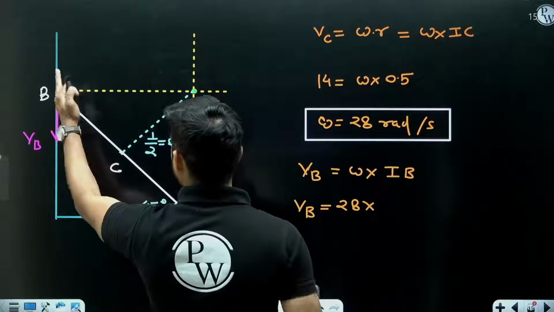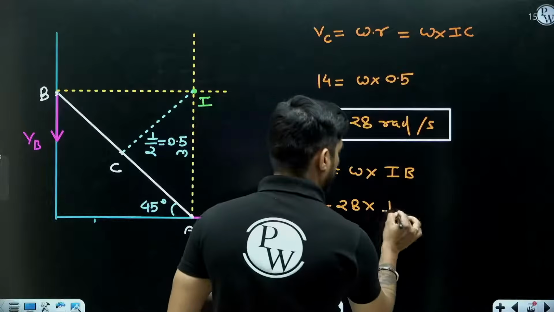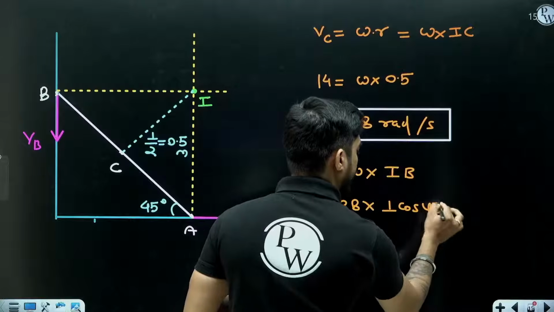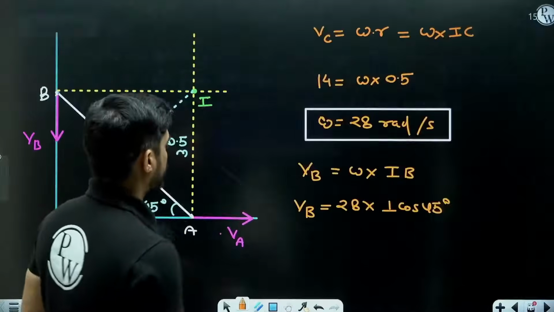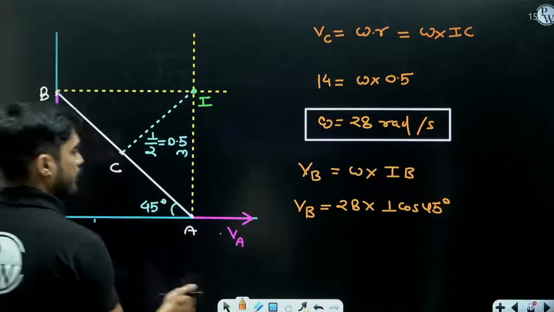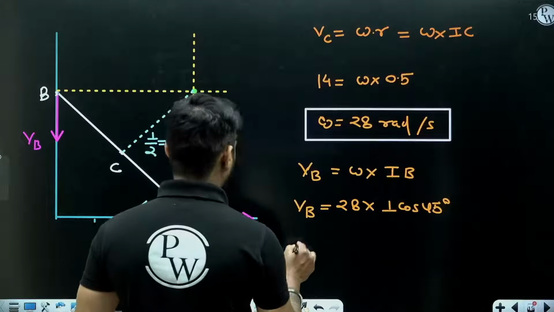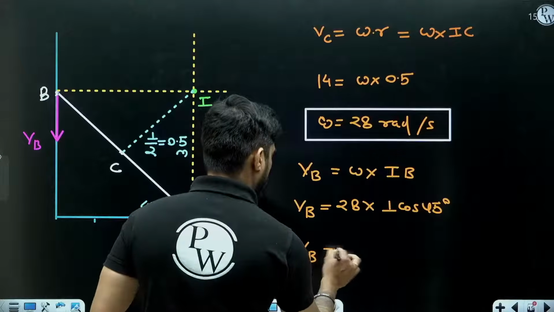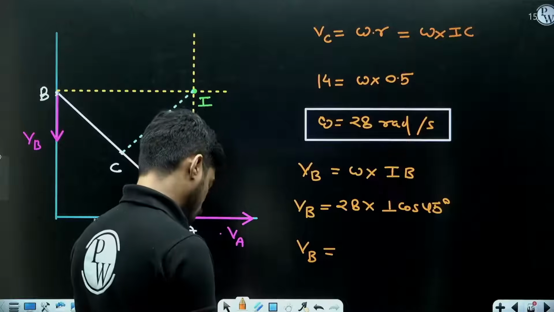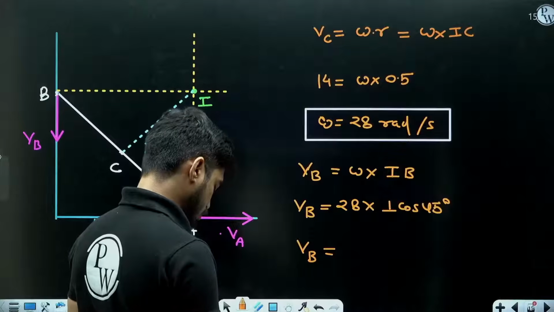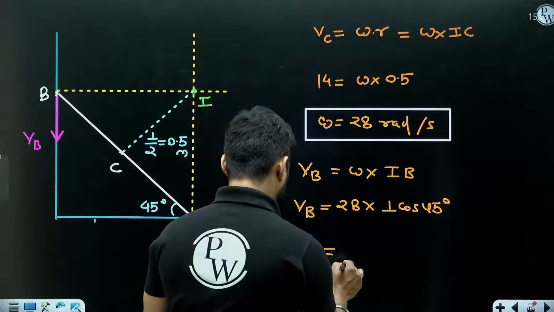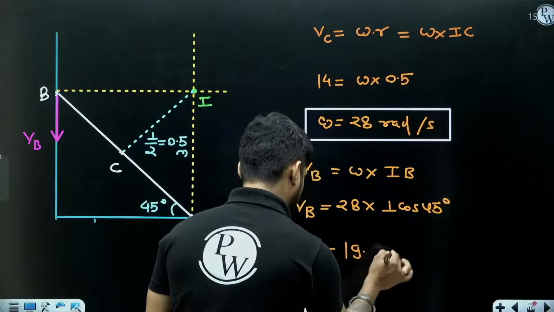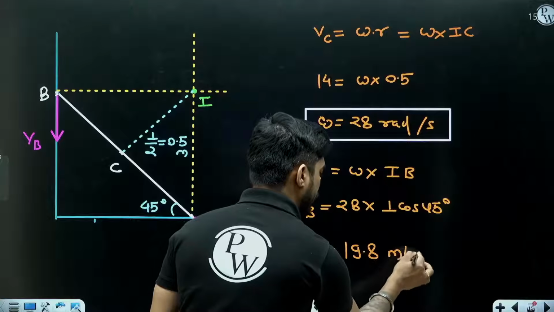And omega is 28. From I to B, this distance will be 1 cos 45, right? 1 meter is the length of the rod. So this will be 1 cos 45, na? From I to B. So it is 28 cos 45, which means 14 root 2, that is 19.79, about 19.8 meter per second.